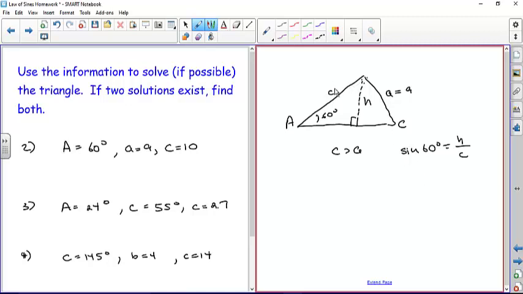And we know c is 10 because that's given in the problem. Okay, so if we solve for h, h is equal to c times the sine of 60 degrees. So c is 10, sine of 60 degrees. We plug that in our calculator. So 10 times the sine of 60 is 8.66. So that's h.